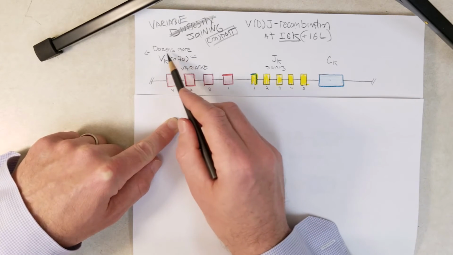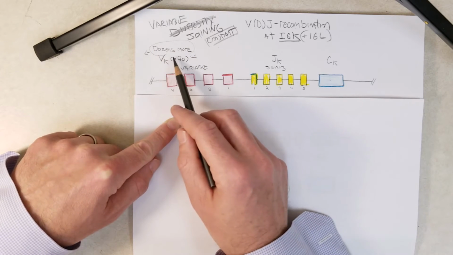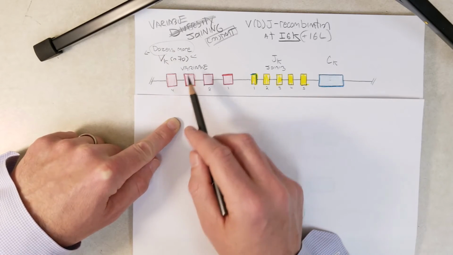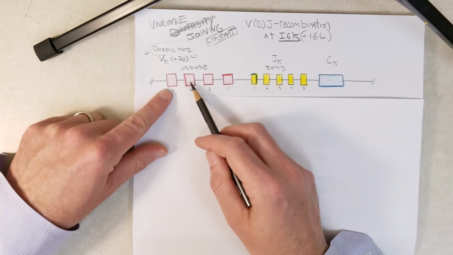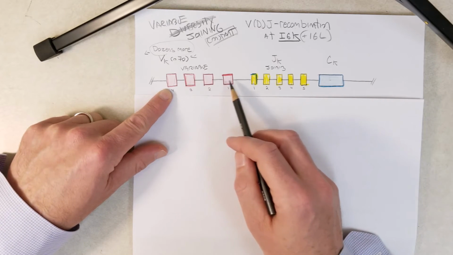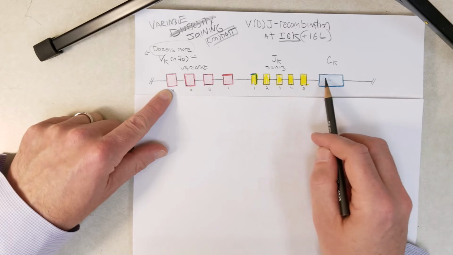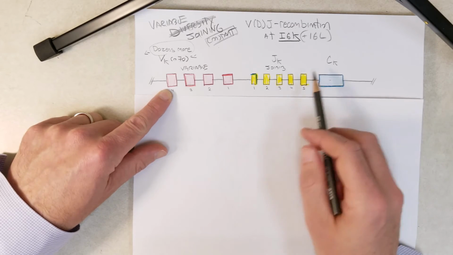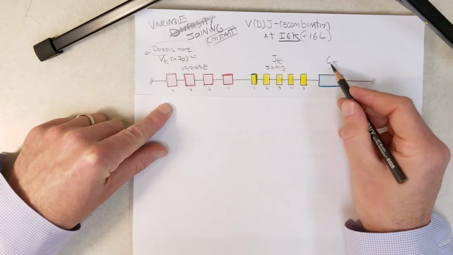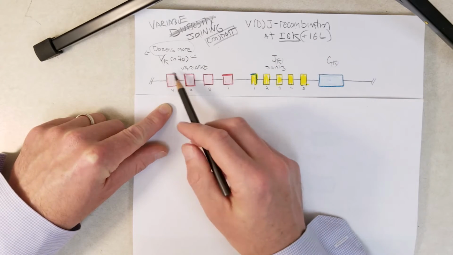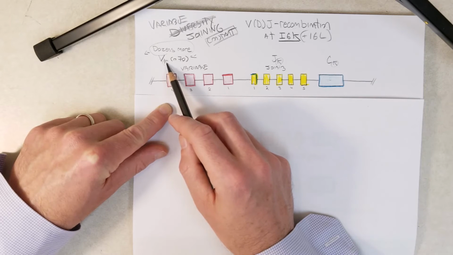So what we're going to say is there are dozens of variable gene segments. I've shaded the gene segments red for variable, yellow for joining, and blue for constant, and I put a little K here to indicate that we're talking about the segments at the IgK locus.